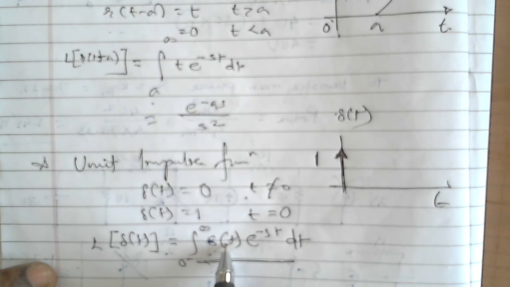Okay, so the Laplace transform L of del of t equals the integration from 0 minus to infinity of del of t e raised to minus st dt. As we know, del of t is nothing but 1 for t equal to 0. For the upper limit it vanishes, so you will get only 1.